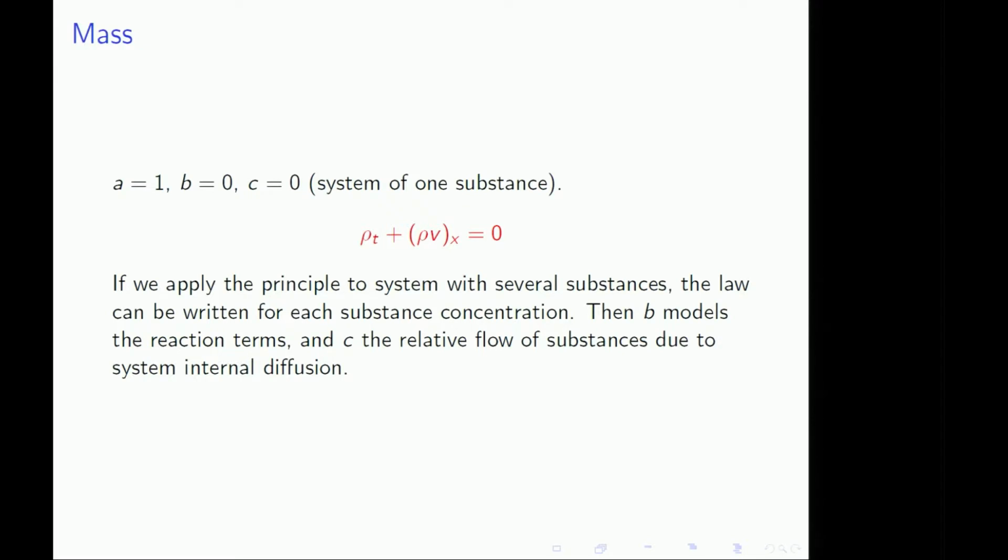So, for conservation of mass, in a simple situation where we have only one substance to be modeled in the system, the conserved quantity in this formalism is trivial. It's 1. So it basically says that mass will stay as mass.